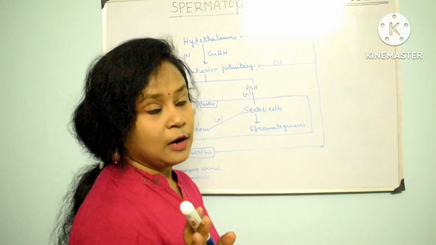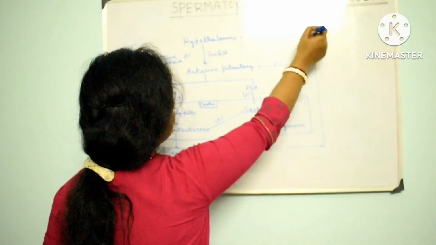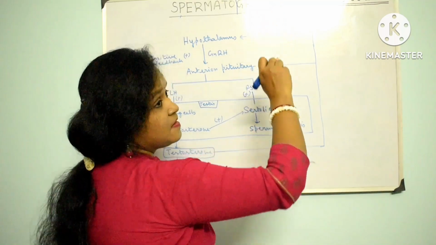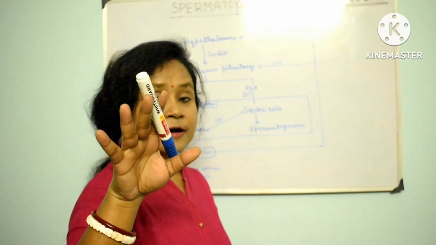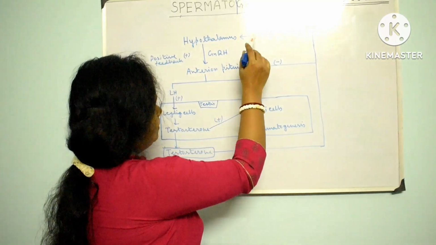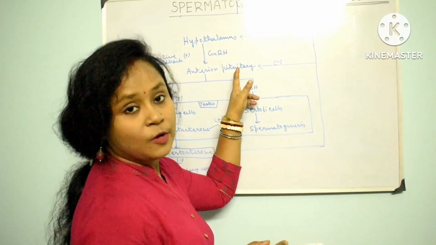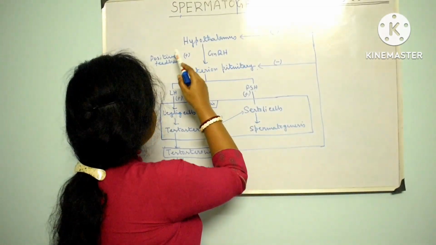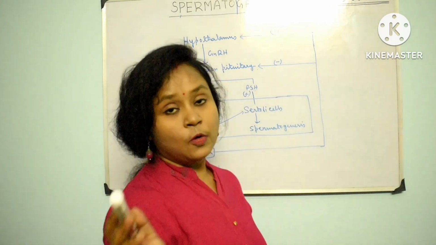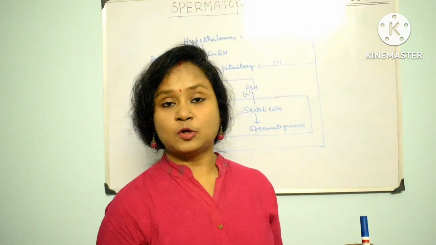It is not needed now; the level is too high. It also sends a negative feedback signal to the hypothalamus, conveying a message not to secrete any more GnRH onto the anterior pituitary. Okay, so this is the negative feedback of testosterone and this is positive feedback. So this is, in a nutshell, the hormonal control of spermatogenesis.